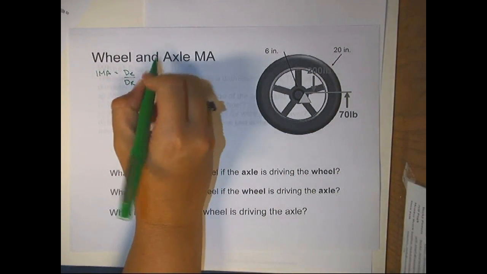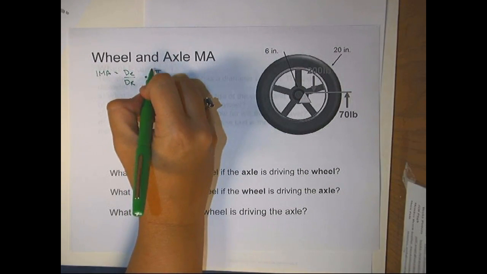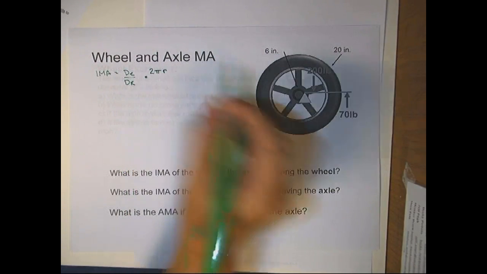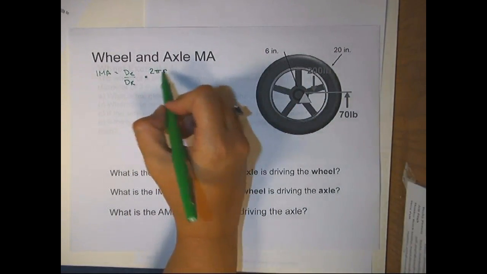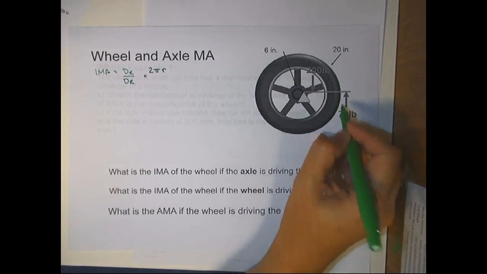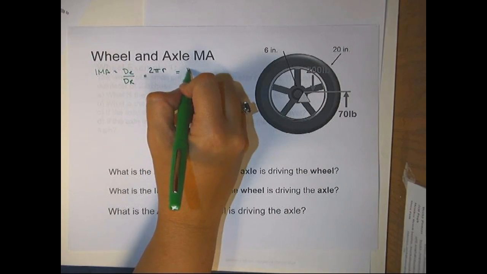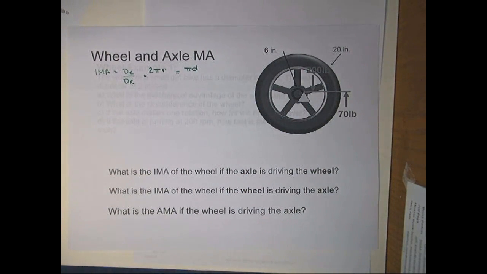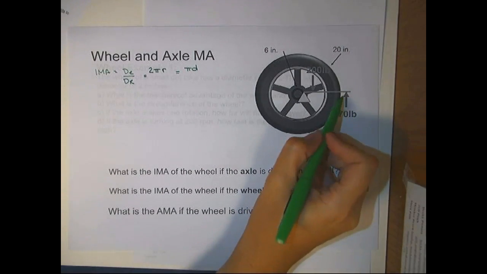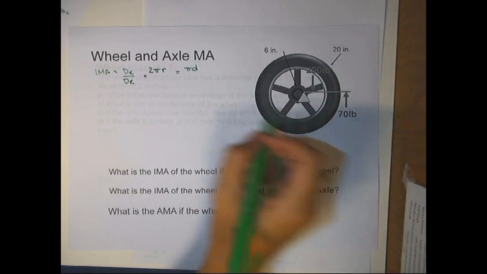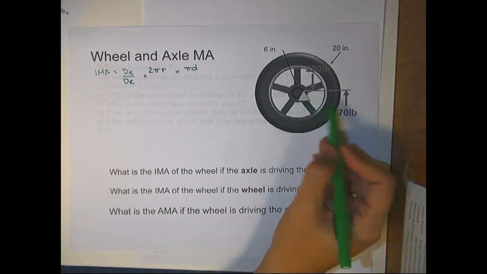So this would be 2 pi r, the distance around this circle here. Or I could think about it as pi d, also the equation for the circumference. And this time we would be talking about the effort here.